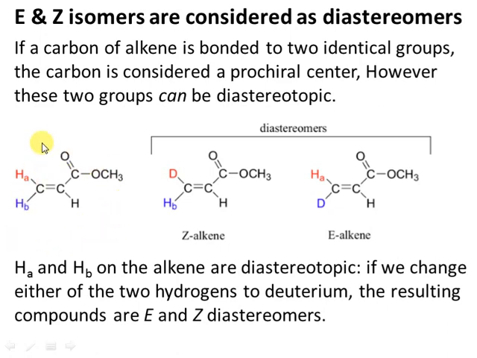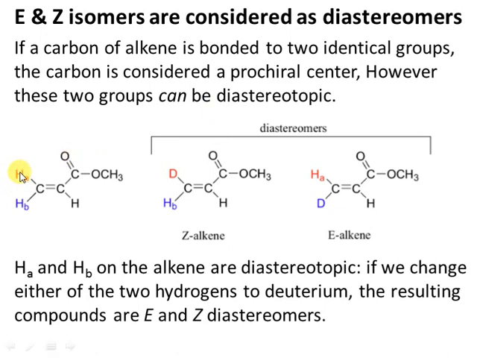You can see? So this is a prochiral center. This carbon is called a prochiral center. These hydrogens are called prochiral. And since replacement of any of these hydrogens with some other group will result in formation of a diastereomer, because an E or Z isomer will be formed, and E/Z isomers are diastereomers, therefore the replacement of any of these hydrogens with some other group like deuterium will result in formation of a diastereomer, right?